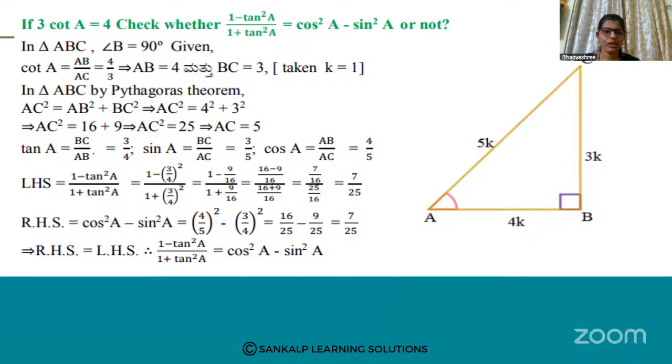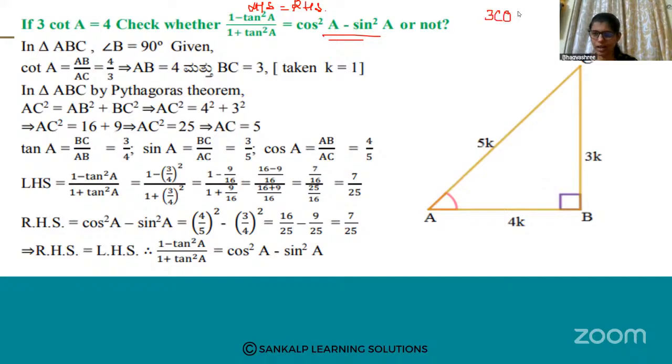Next one. If 3 cot A is equal to 4, check whether 1 minus tan square A divided by 1 plus tan square A is equal to cos square A minus sin square A or not. That means we have to check whether LHS is equal to RHS. What is given? 3 cot A is equal to 4.